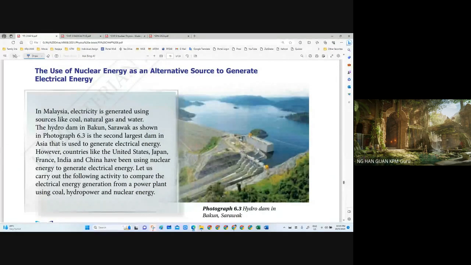The use of nuclear energy as an alternative source to generate electrical energy.